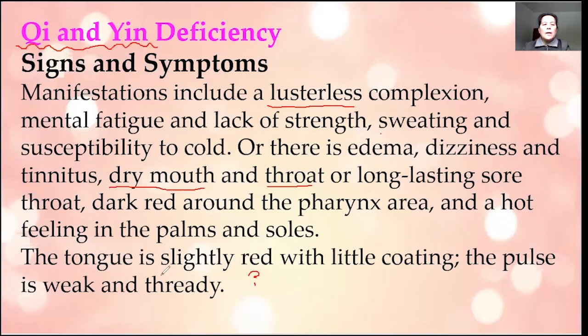But generally slightly red tongue here, you can think of a pink kind of tongue, just like our nose here. Still a kind of red color, but not too red, and not totally pale. Pulse, still weaker pulse.